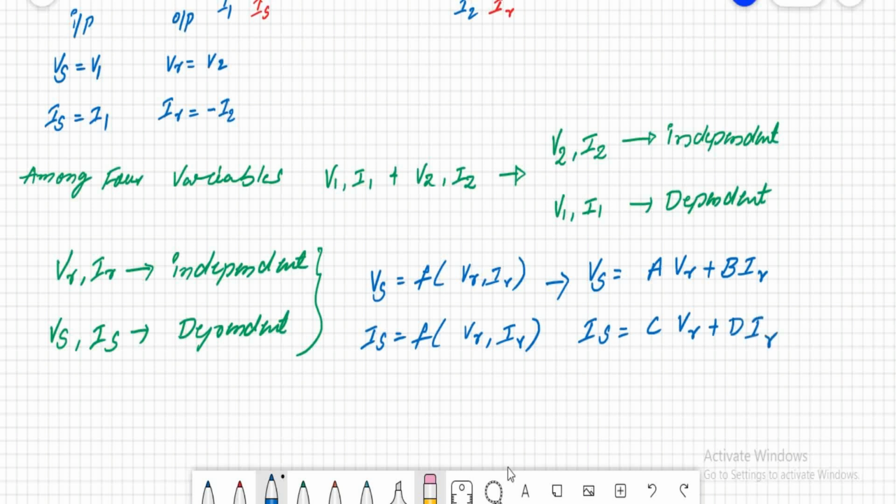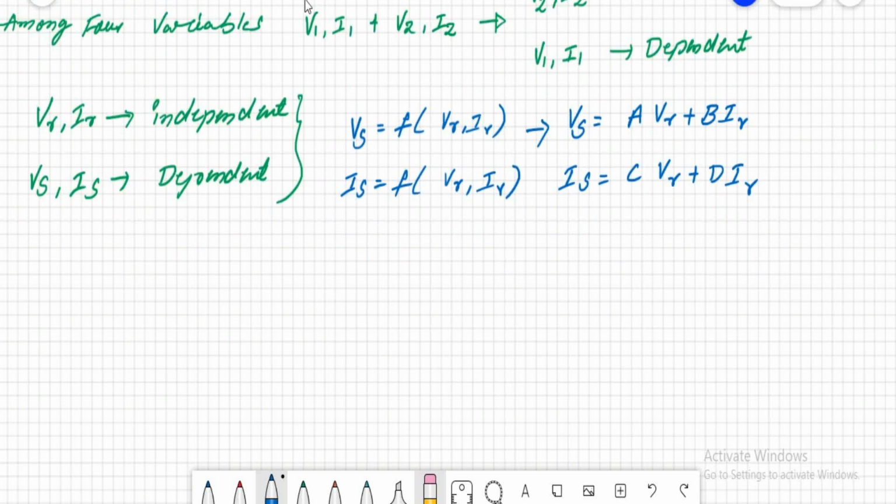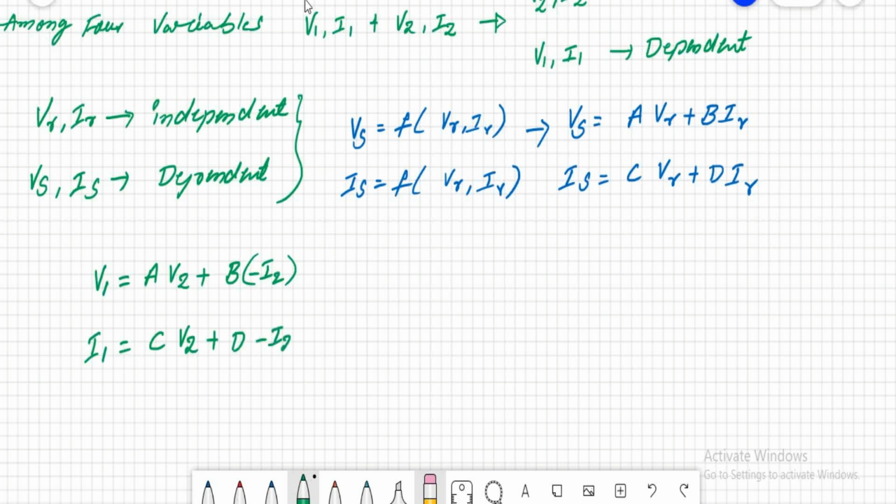If I write in terms of V1 and V2, Vs is nothing but V1. So V1 is equal to A into V2 plus B into minus I2, since IR is minus I2, and I1 is equal to C into V2 plus D into minus I2.